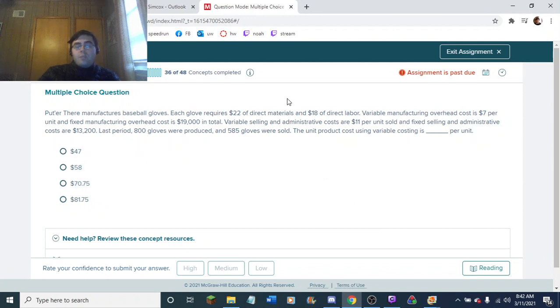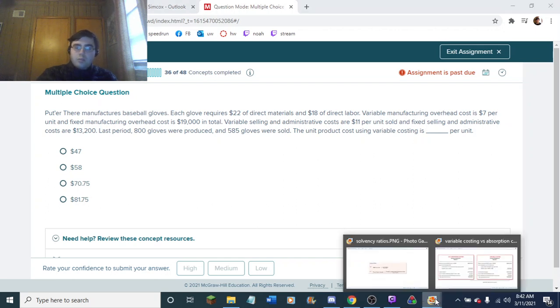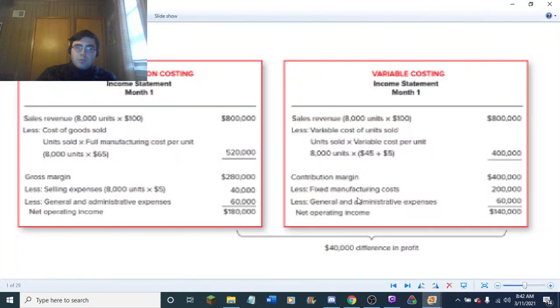Now you will use variable costing. The variable cost is the unit sold times the variable cost per unit.